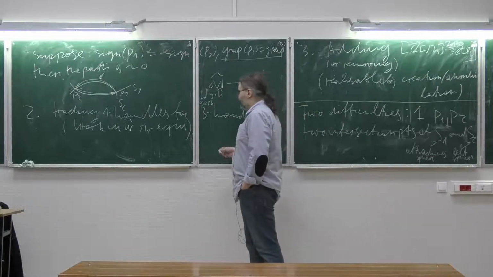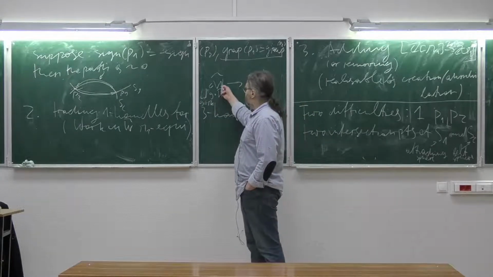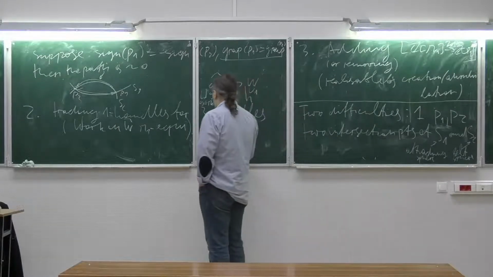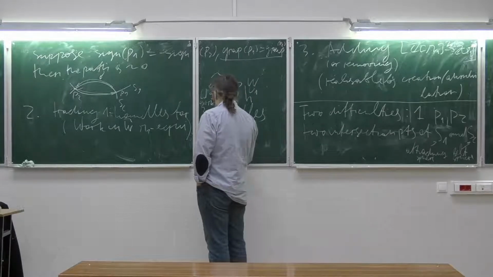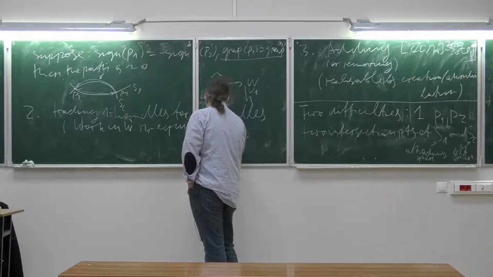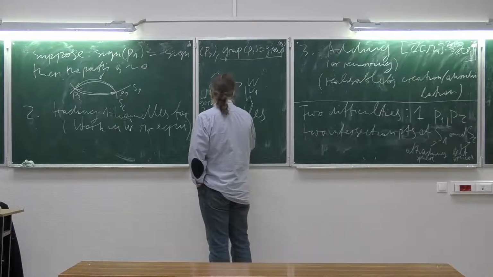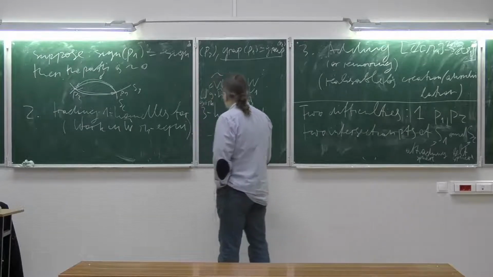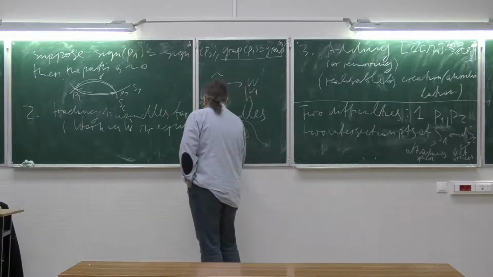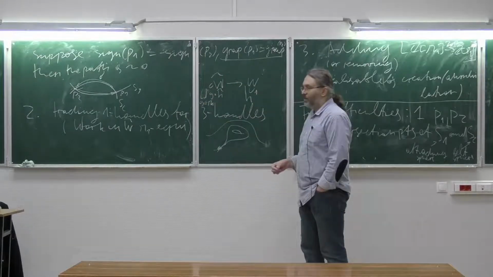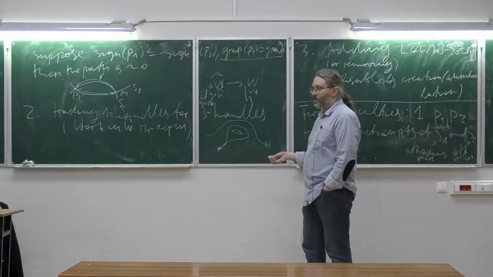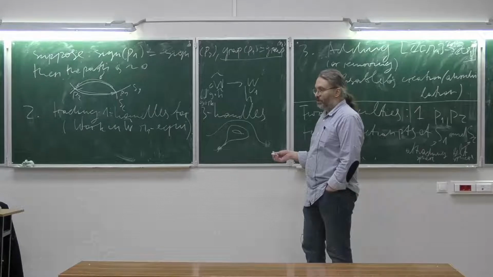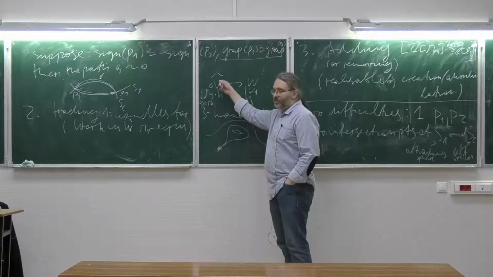Now this W tilde is simply connected, so we can choose a path. In order to start handle trading, I have to choose a path along the handle. It should be contractible. Yes, it should be contractible in W tilde.